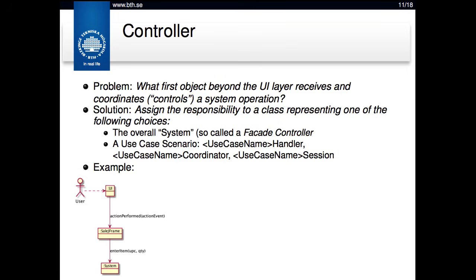Controller, next pattern. So we have the user interface layers, and they get all the interaction that the user does against the system. But after that, what happens? So what first objects should be responsible for taking care of a system operation and coordinate that it's actually being done?